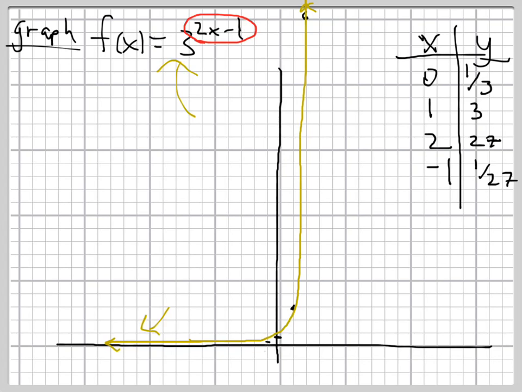This is growth, because this base of the exponent, 3, is bigger than 1. And if it was between 0 and 1, it would have had this general shape where it would have gone off to infinity on that side and gone to 0 on that side. But it wasn't, so I'm erasing that now.